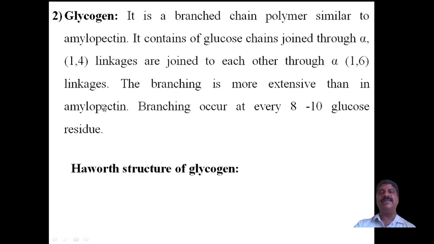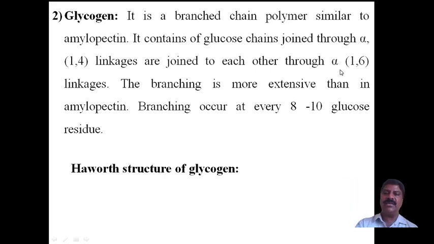Glycogen is similar, but branching is more frequent. After every 8 to 10 glucose units join, branching takes place at 1,6. Then again 8 to 10, branching takes place.